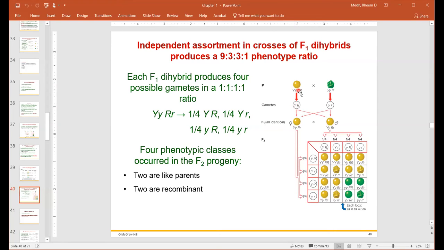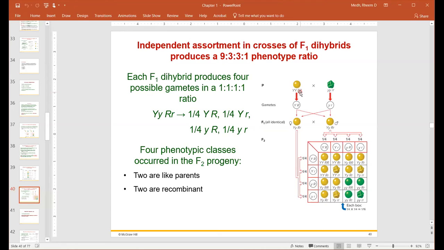So in this case, if you have a YyRr, you will get gametes like this. You will get every possible combination: YR, Yr, yR, and yr. You will get all of those 4 gametes in the ratio of 1:1:1:1.